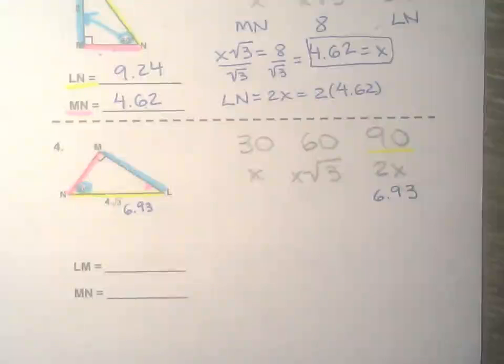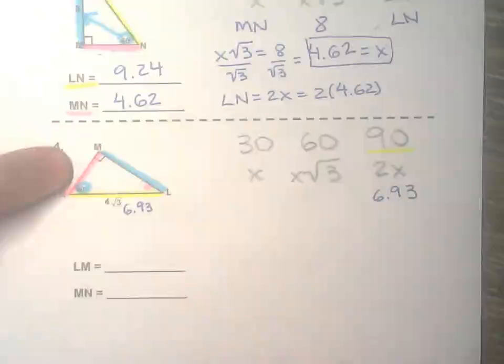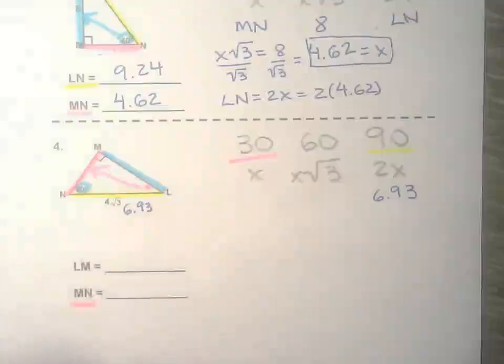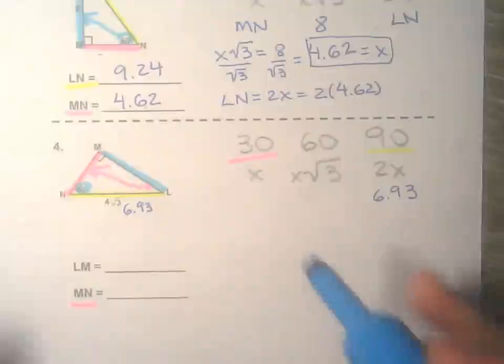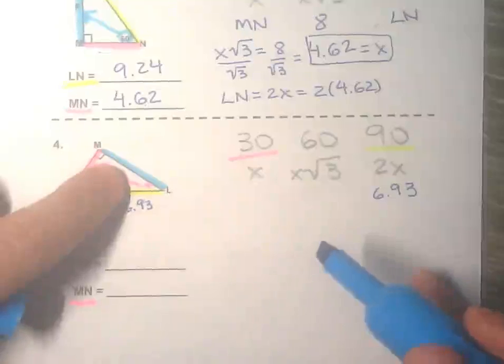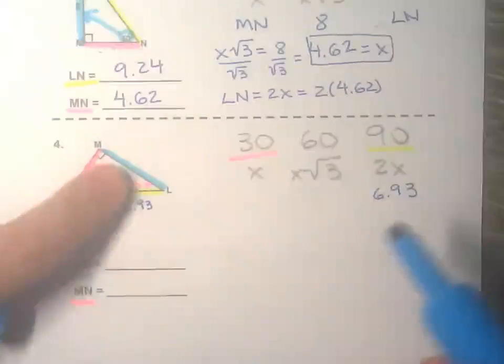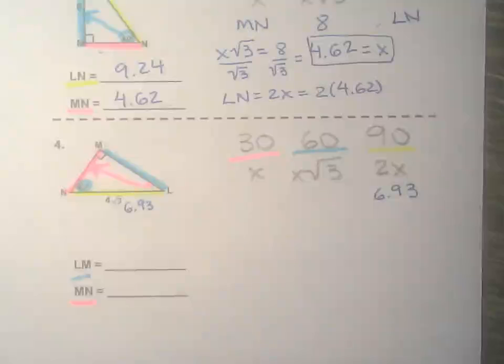We are looking for the short leg, MN, right there, short leg. You will have to label it all by yourself. The more you do, the better you get. And they're also asking for the long leg, LM. Long leg right there, right across from 60.